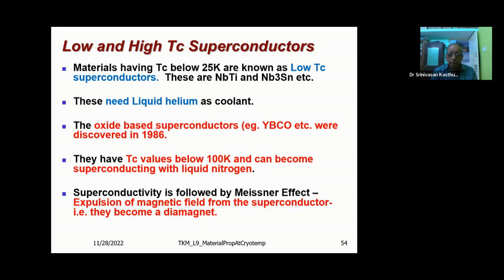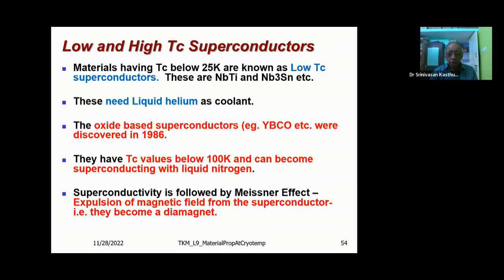In 1986, Bednorz and Müller discovered the oxide-based superconductors. They were running experiments on resistivity of oxides, and they found that yttrium barium copper oxide, YBCO, or for example BSCCO, etc., show superconductivity.